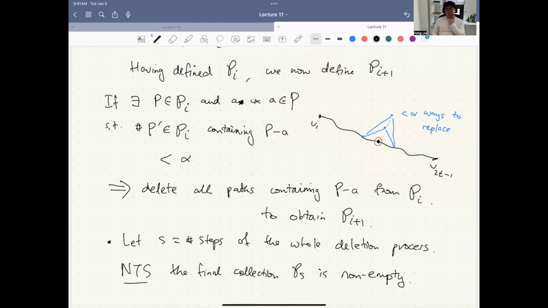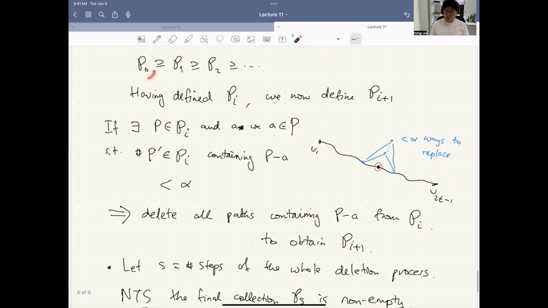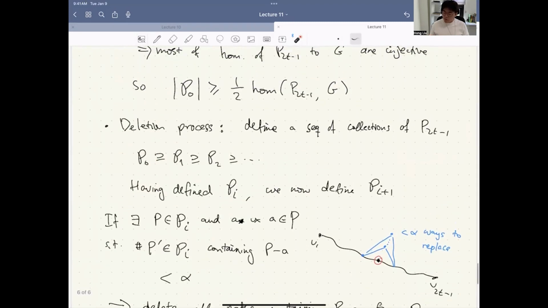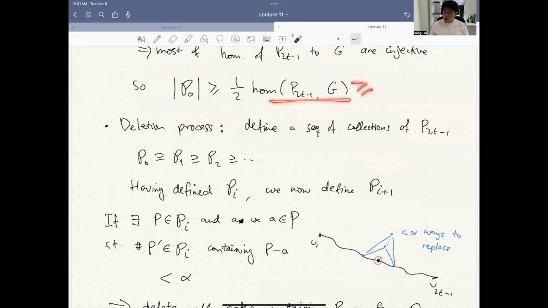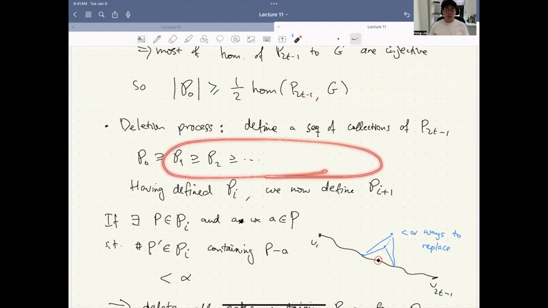Okay, so we need to show that we don't delete too many paths from the initial collection. We already have a lower bound on the number of paths in the initial collection. By Sidorenko, we have a lower bound on the homomorphisms of paths coming from Sidorenko's conjecture. So we just need to show the total number of paths we deleted during this process is not so much.